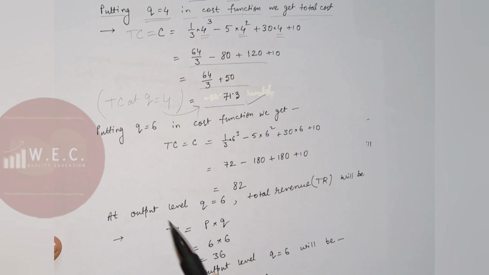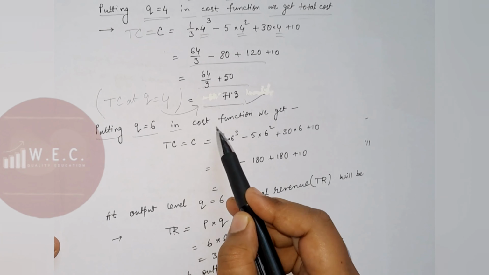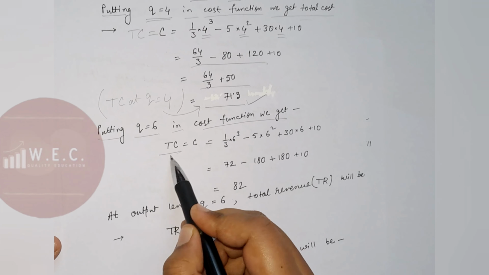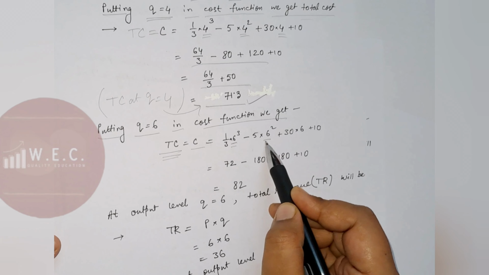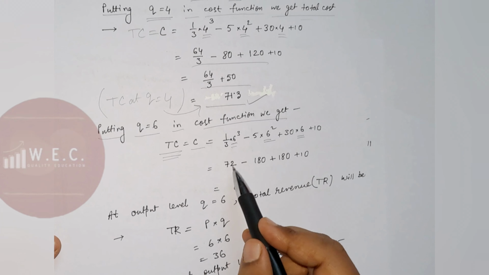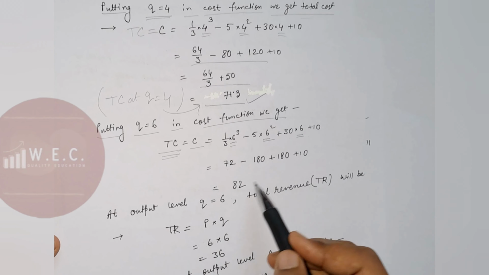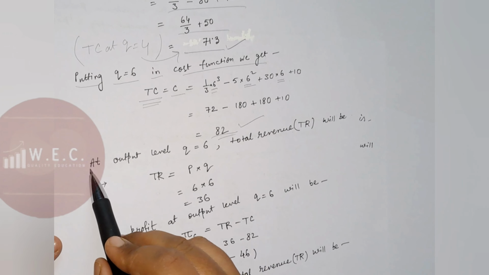Now put Q equals 6 in the cost function. You know the cost function that is already given in the question. Just put the value of Q equals 6 and get total cost at Q equals 6, that is 82.